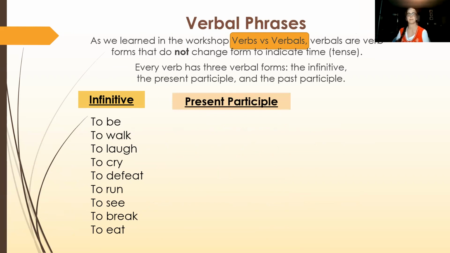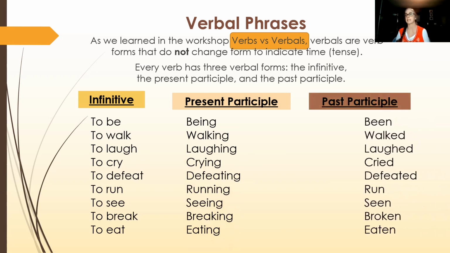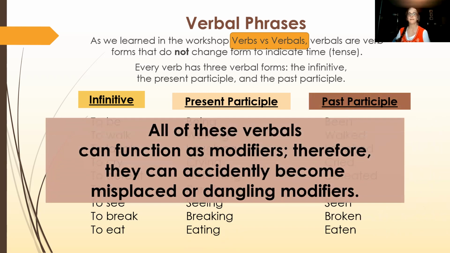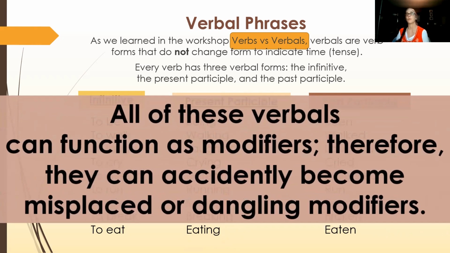The present participle, you remember what those are, Joey? ING words, yeah. ING words, good job. And our past participles, which can look like a regular past tense verb, or they can be some kind of strange verb form like broken or eaten. All of these verbals can function as modifiers. Therefore, they can accidentally become misplaced or dangling modifiers. And we're going to take them one at a time.